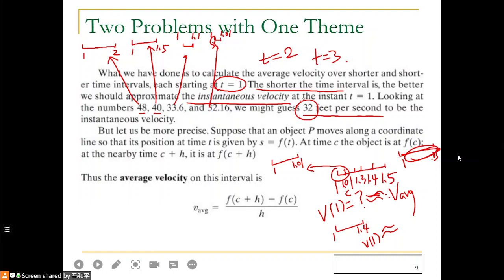This number approximates the instantaneous velocity at time t.